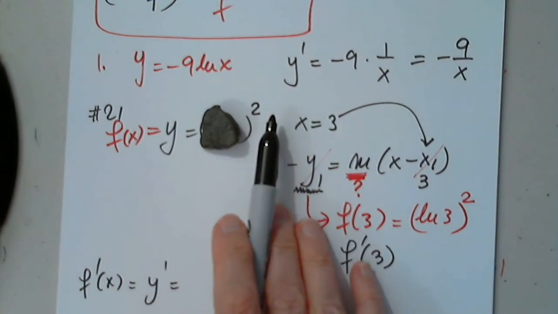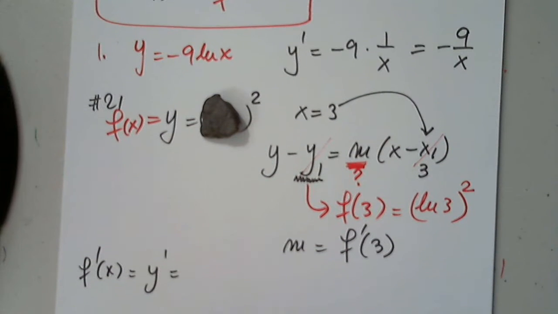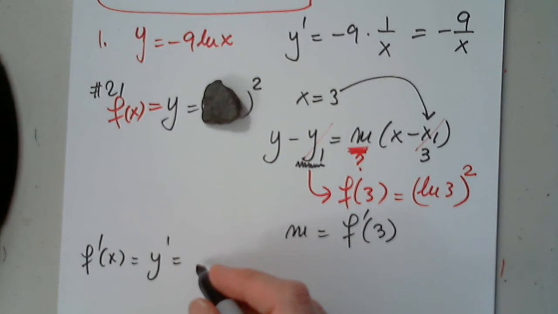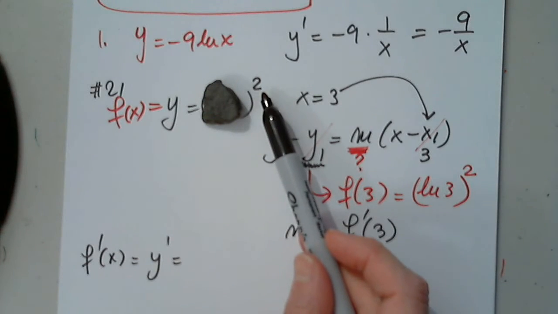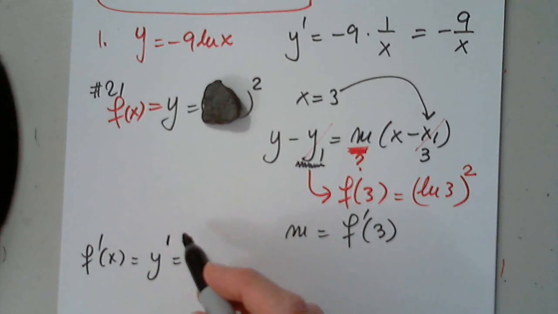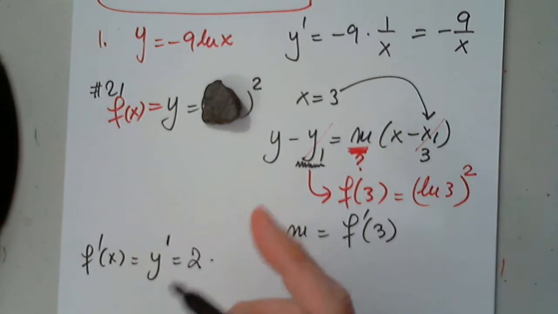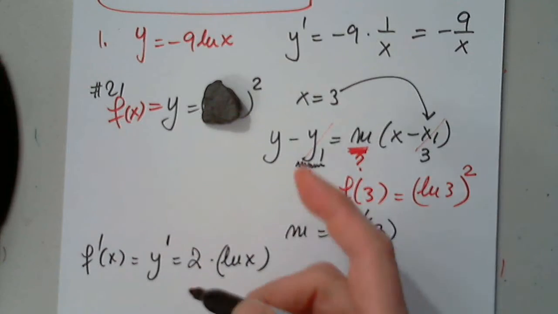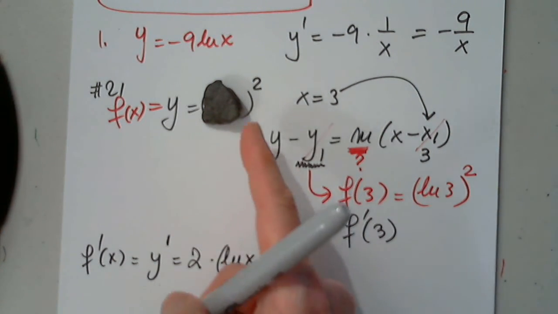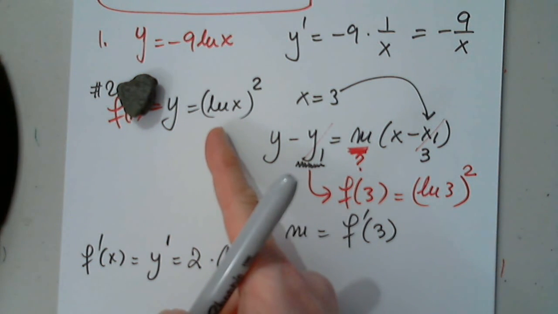I have a function to a power, prime. What do I write? Two times the function to 2 minus 1 times, if I forget times the inner function prime, I'm in trouble.